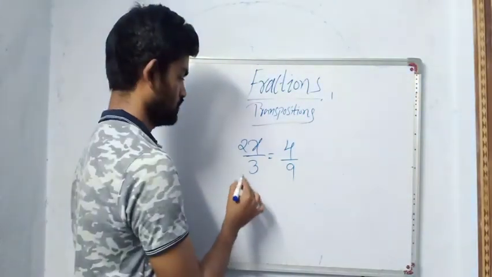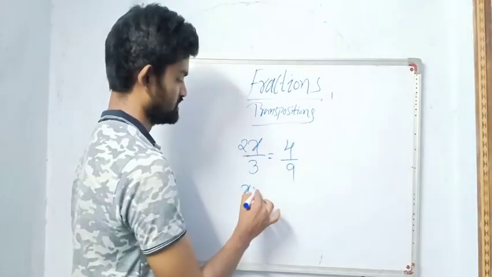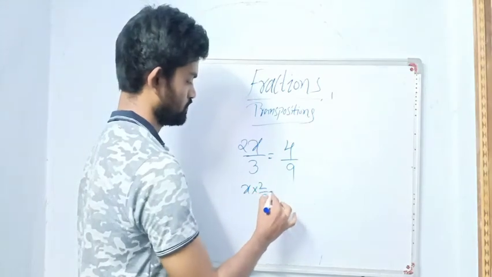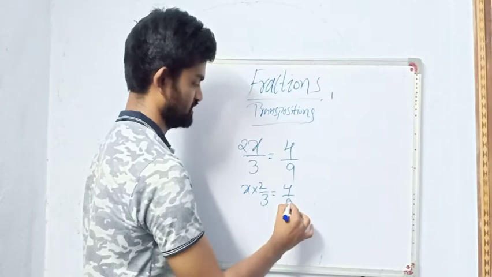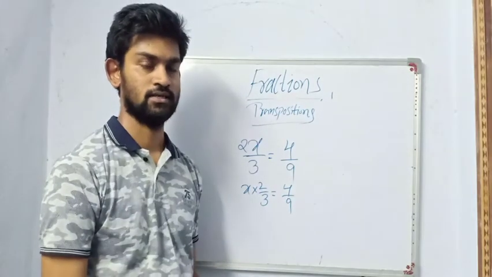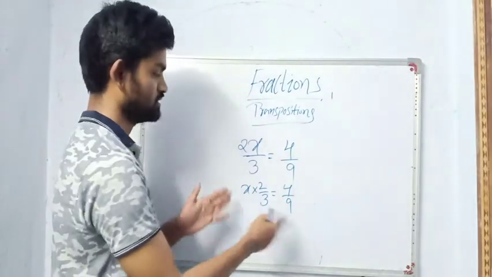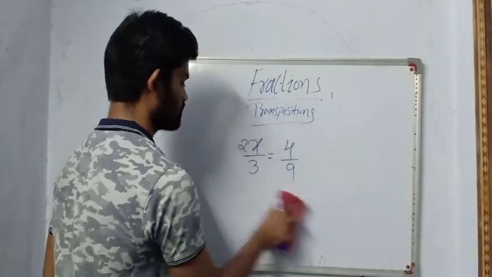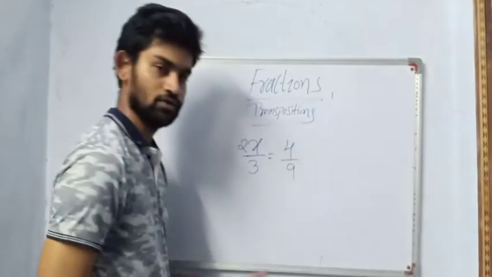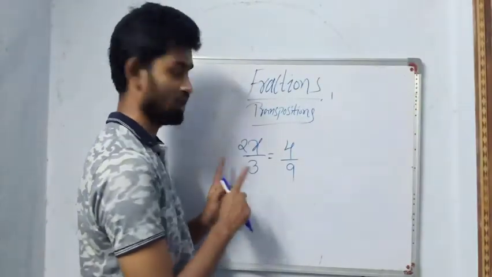Now this can be written as x into 2 by 3 equals, I am not changing anything here, as it is. Now you want to do cross multiplication.